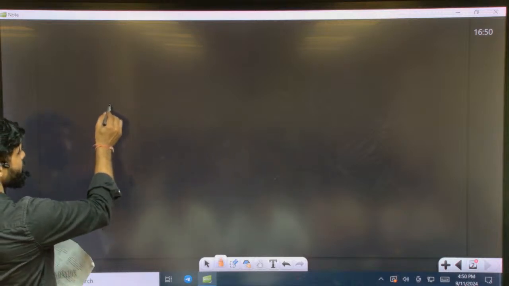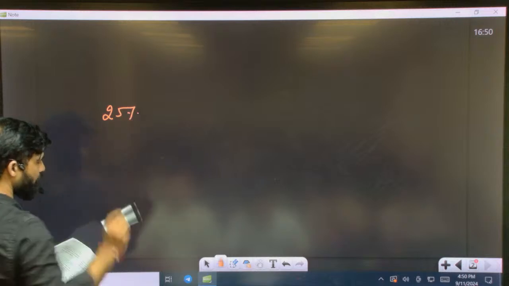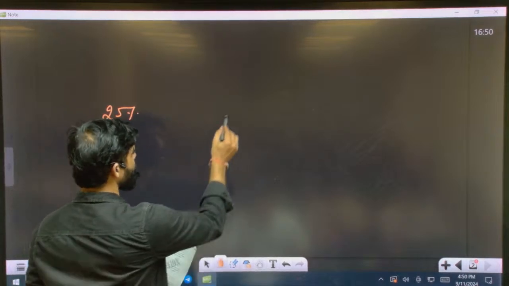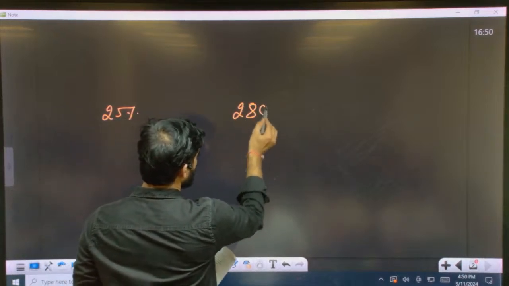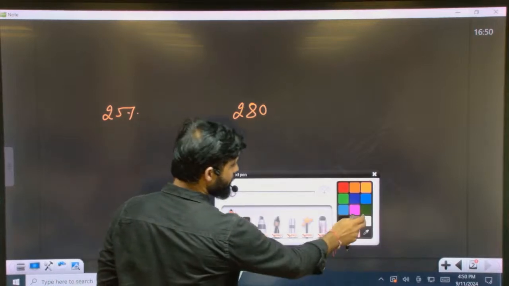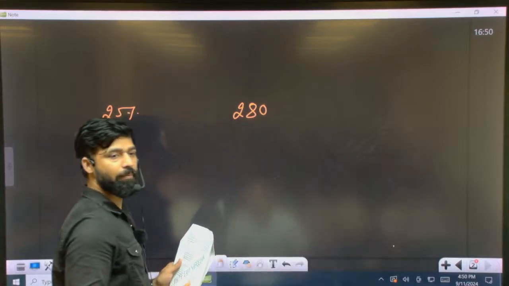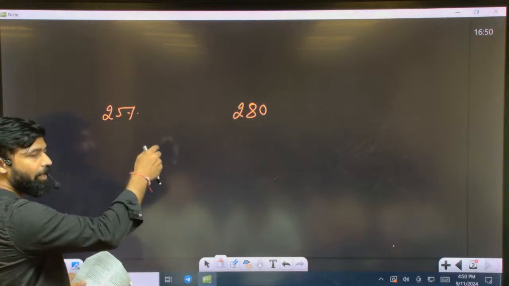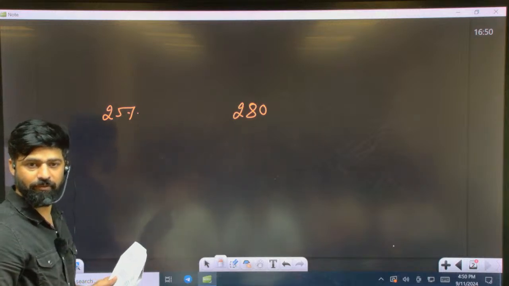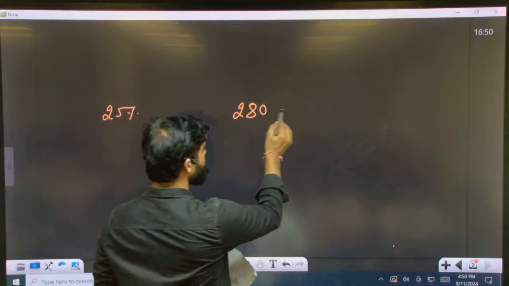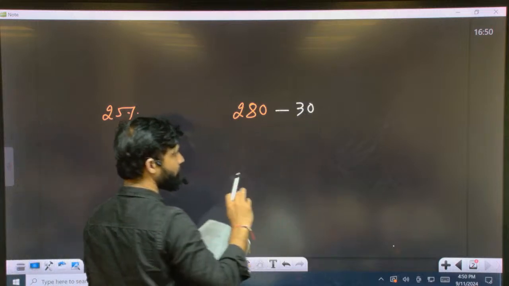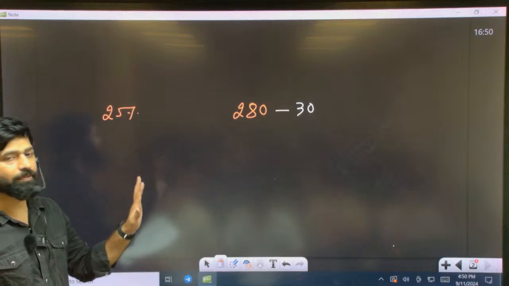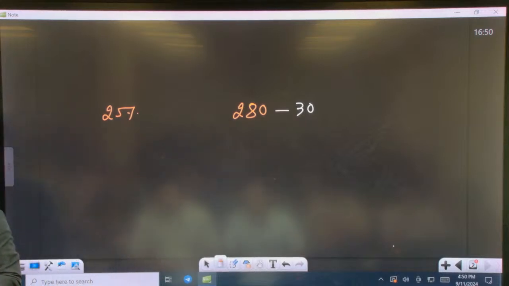The passing percentage of the exam is 25 percentage. The student is getting 280 marks, but he is getting 30 marks more than the essential marks. So if I minus that 30 marks, right now he is pass only, and the passing percentage is 25 percentage.